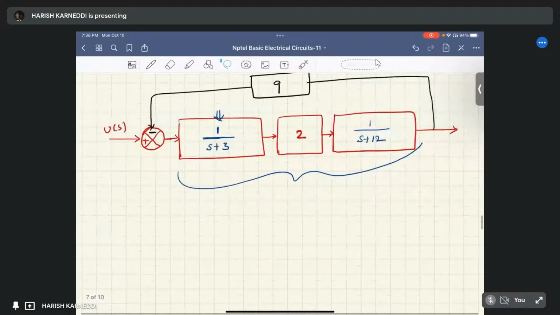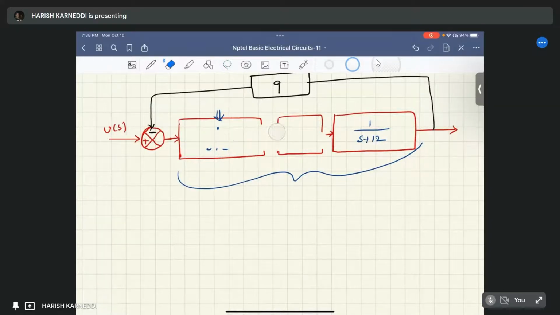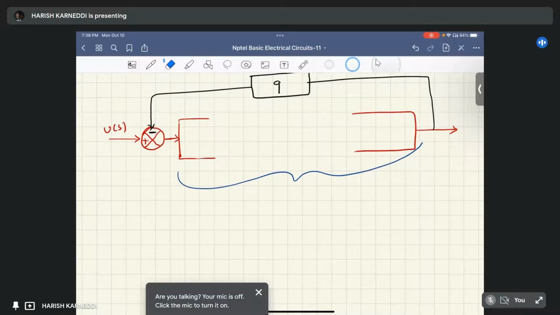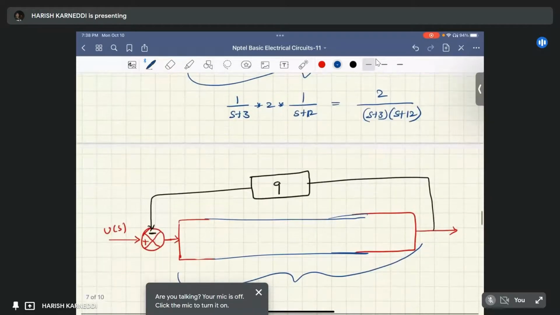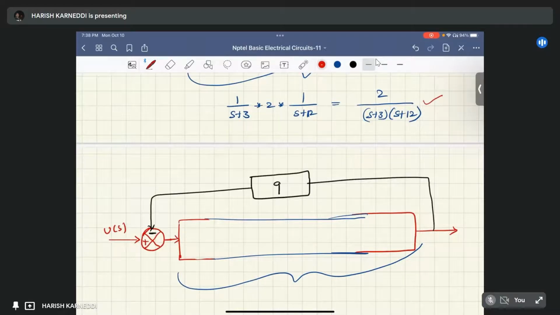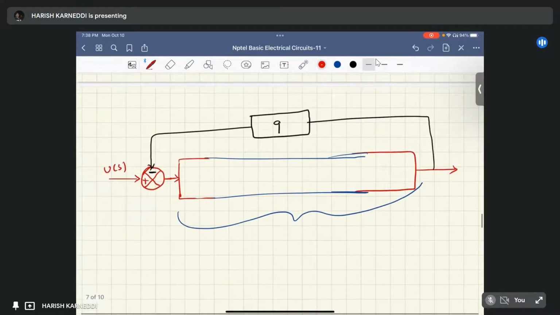Instead of these three blocks, now we are representing with one block which is having an equivalent gain. The equivalent gain is, just as we calculated, 2 by s plus 3 into s plus 12.